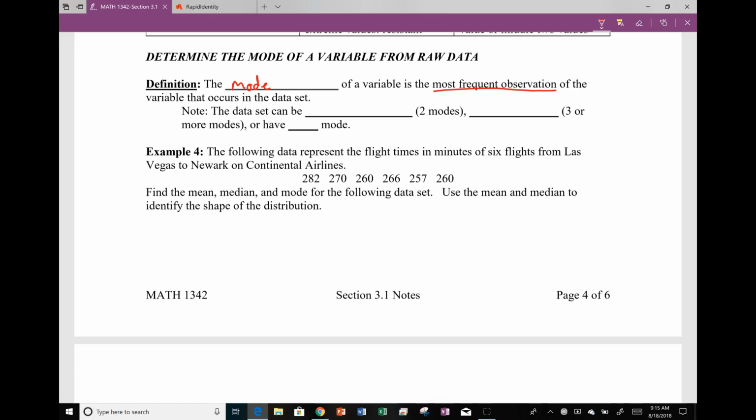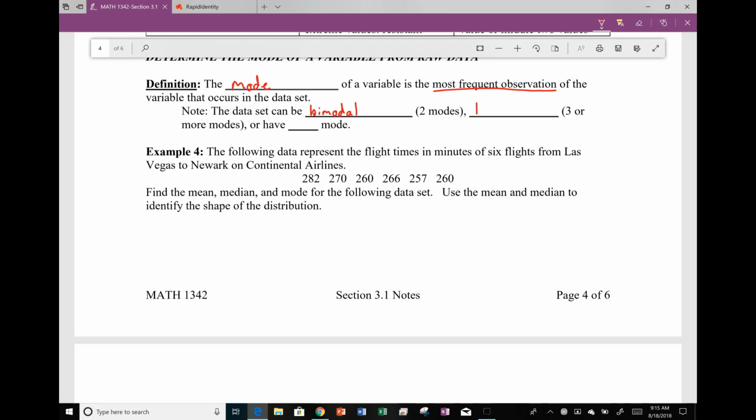A data set can be what we call bimodal. That means that it has two modes, two numbers that occur the exact same number of times more than any of the other data values.